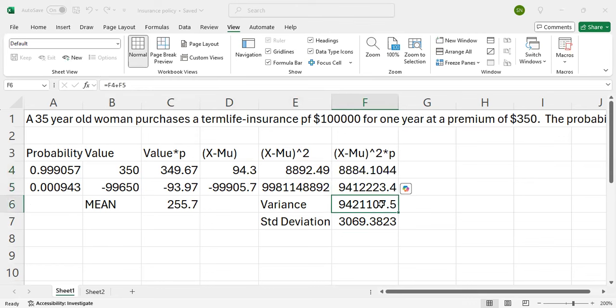What is variance? It is the square of the standard deviation. So how to find the standard deviation? You take the square root of the variance, which is SQRT. So what does it mean? Again, on the average, if the insurance company sells many of these insurance policies at a premium of 350, in the long run they will make an average profit of 255.7.